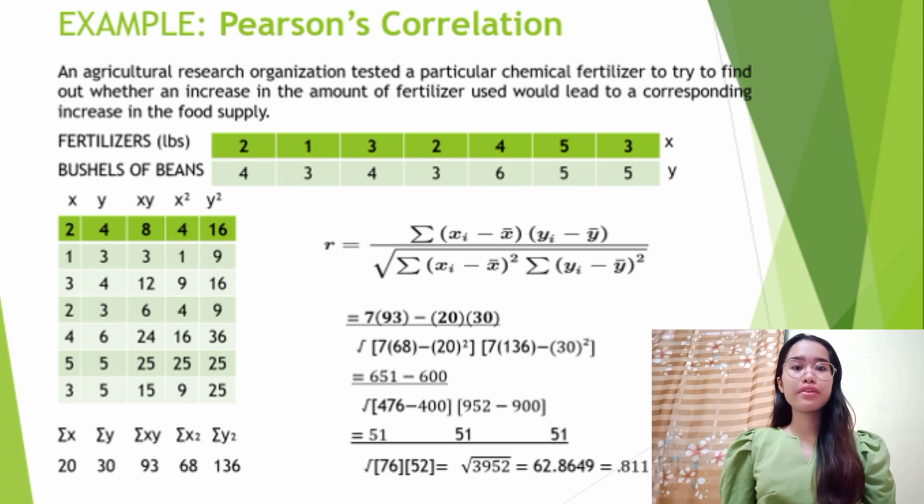And we keep the parentheses. We're going to divide that, we're going to keep substituting, and the denominator we have n, right, we have the brackets n, which is 7. The sum of x squared is 68. Take away the sum of x.